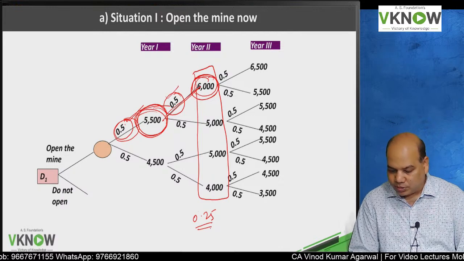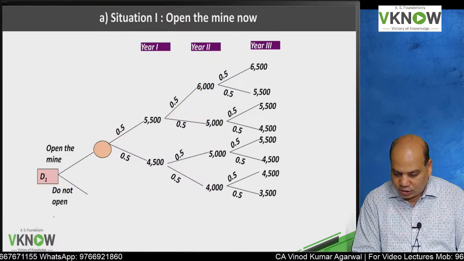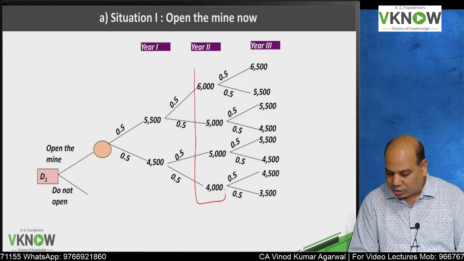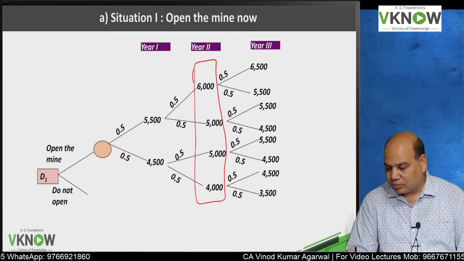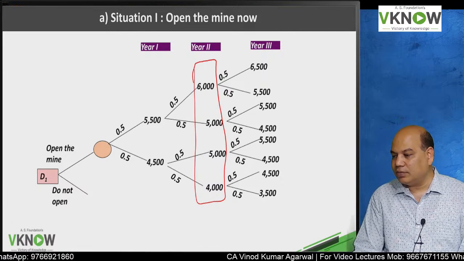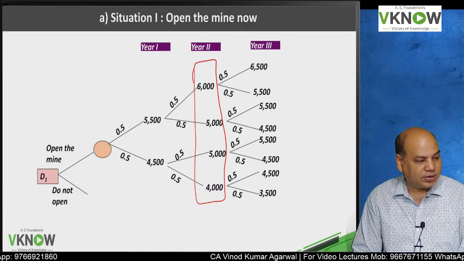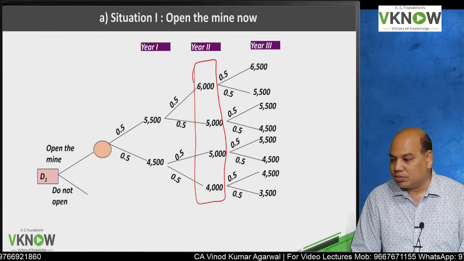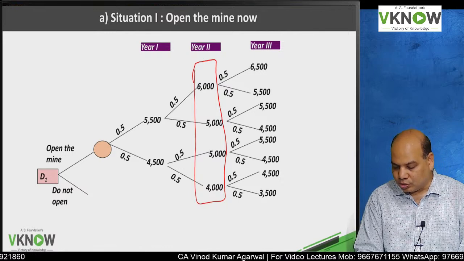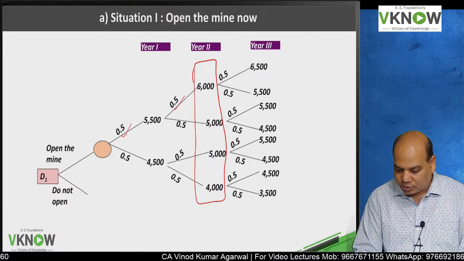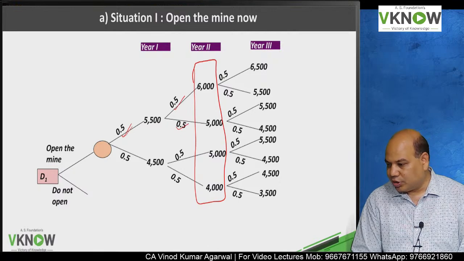So individually the probability of each of them will be 0.25. There are 4 possibilities in year 2, or you can simply take the joint probability, and you will get 0.25.